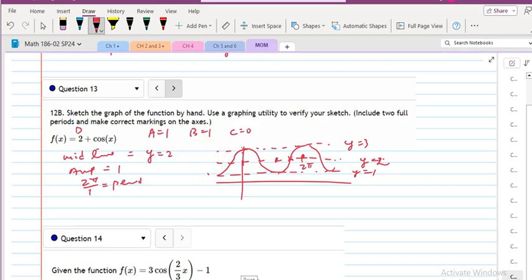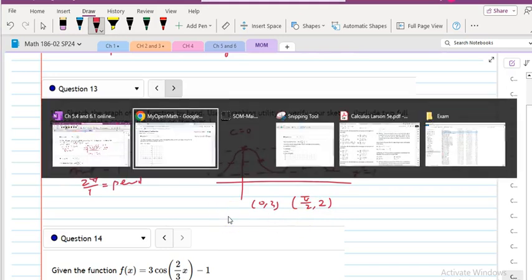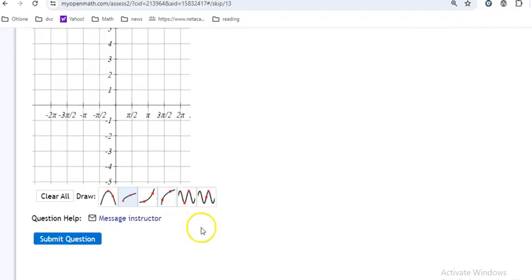So the 2 points that I would work on would be 3, right? 3 at 0, 3. And then this point is, if it's 2 pi, then it's pi over 2 and 2. It's a cosine graph, this one.